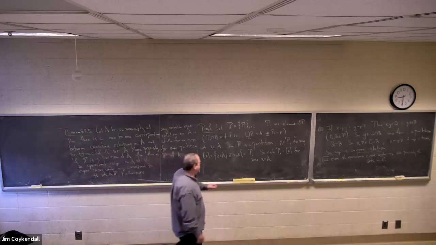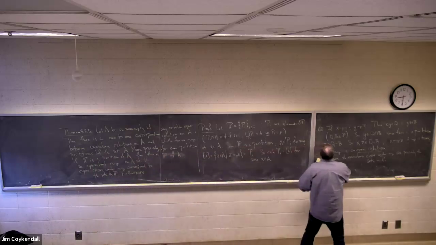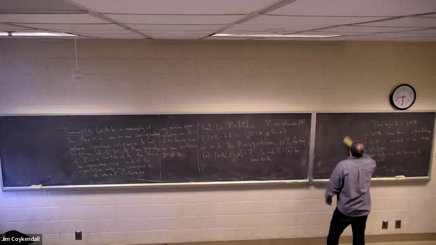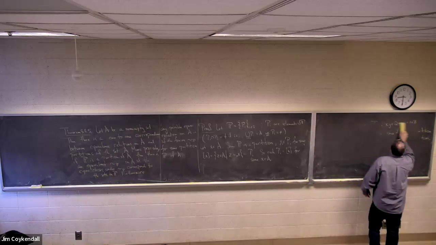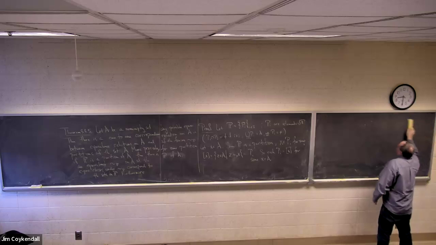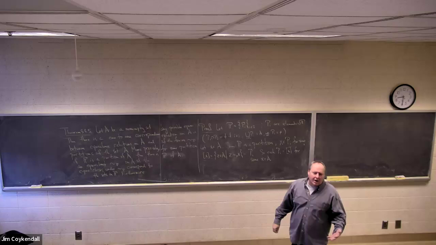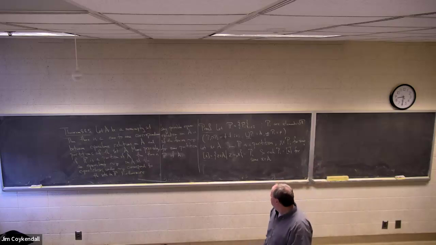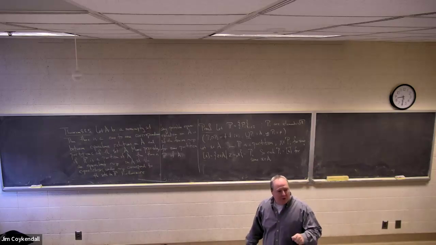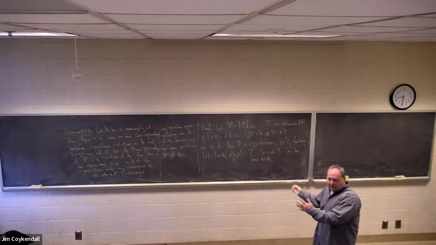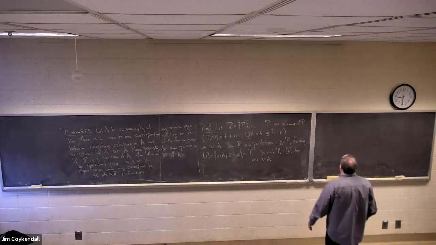For the other part, I'm going to appeal to probably the previous theorem. Now, what we've shown so far is that if I give you a partition, you use that partition to make the equivalence relation, and that's exactly what you get, the equivalence classes.